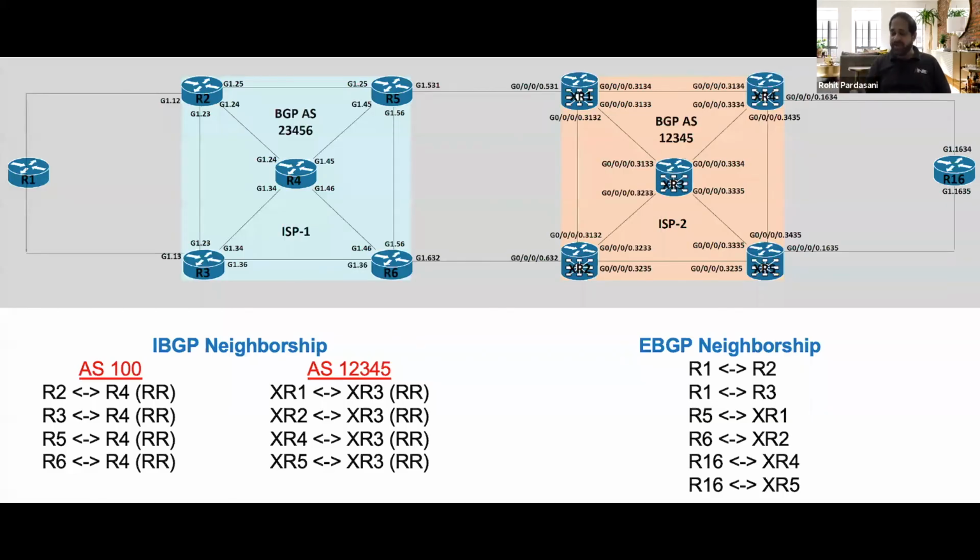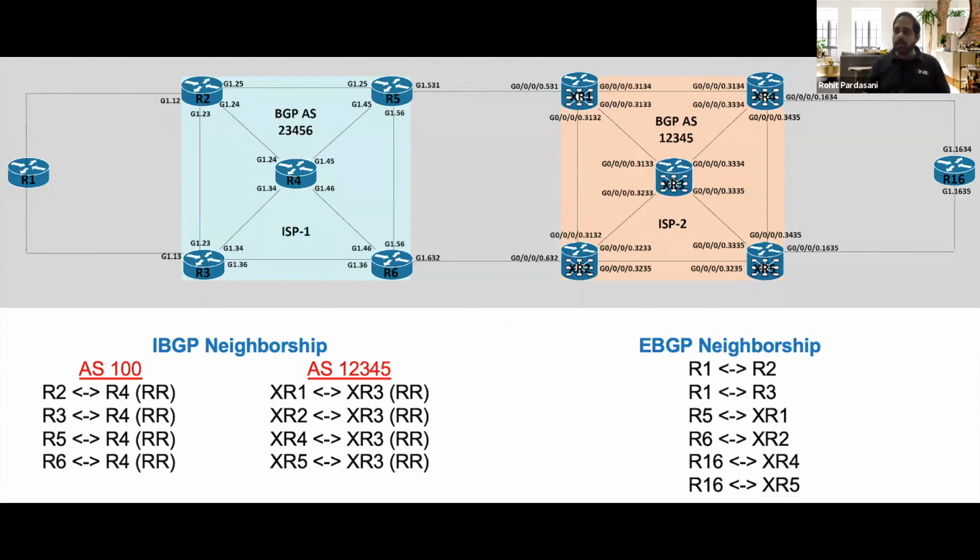So reverse way, reverse traffic. R16 at this point of time would probably select XR4 because of lower router ID. And so R16 should select XR4 right now.